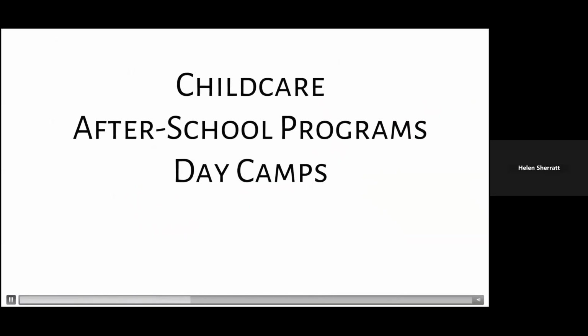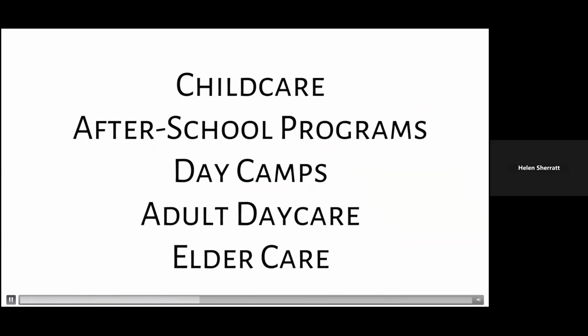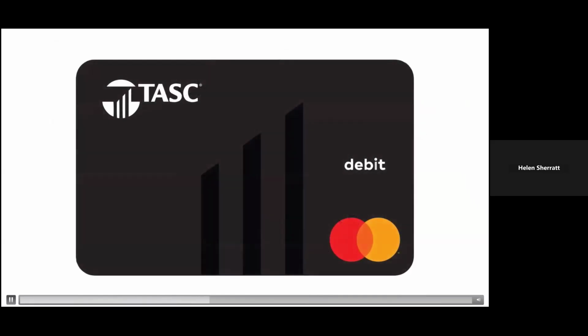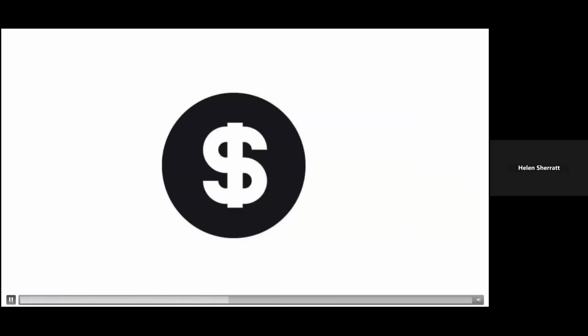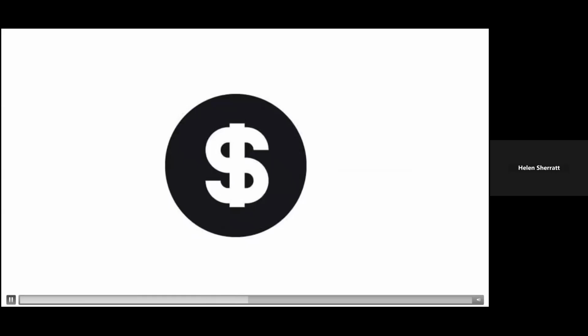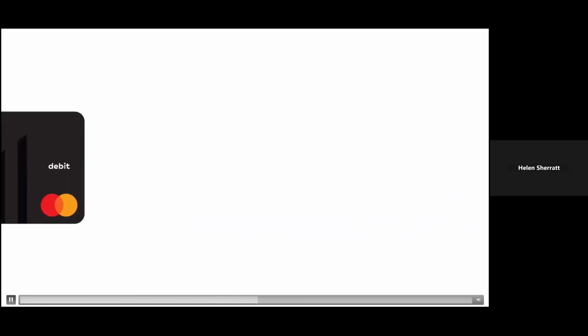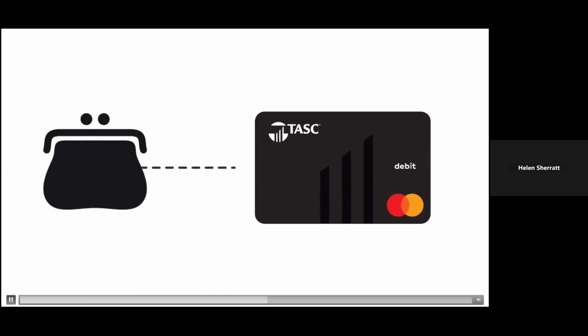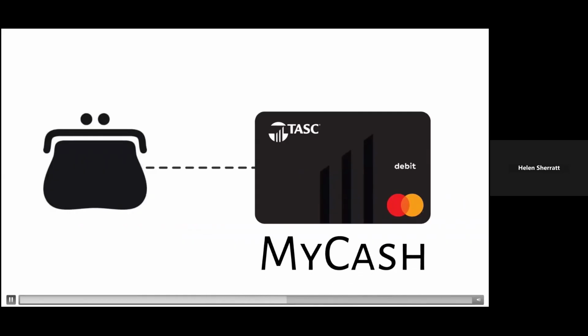Then, you use those pre-tax contributions for things like childcare, after-school programs, day camp, even adult daycare or elder care. When you first enroll, you'll get a TASC card to pay for those expenses. A dependent care FSA is a money-in, money-out account, so as payroll deductions come in, those funds are available for you to spend using your card. If you pay out of pocket, your reimbursement goes to a separate account on your TASC card. Use these MyCash funds on anything.